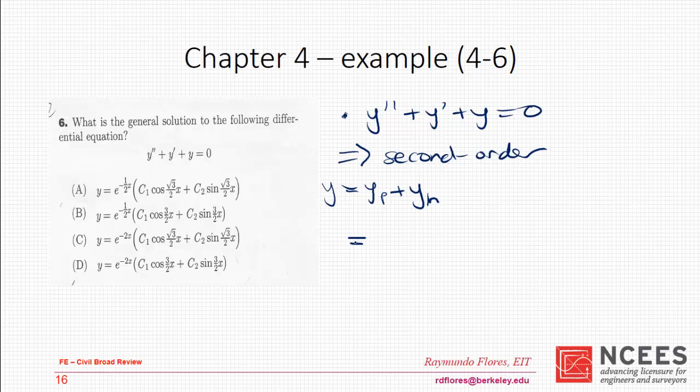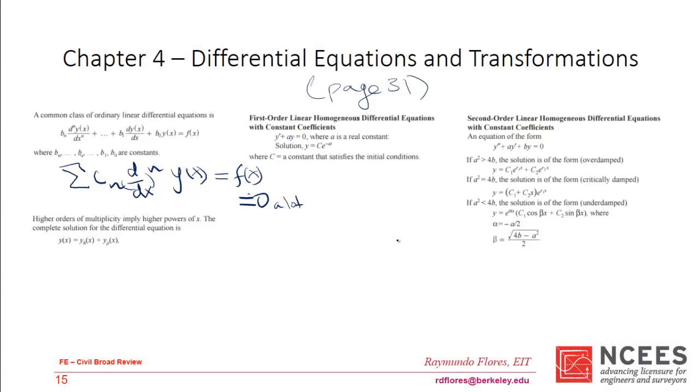But the right-hand side is 0, so we only have this, and as a result we can just use the rules. So let's go back. Because it's in this form, the overall solution is just going to be the homogeneous solution, which is going to be something like this.